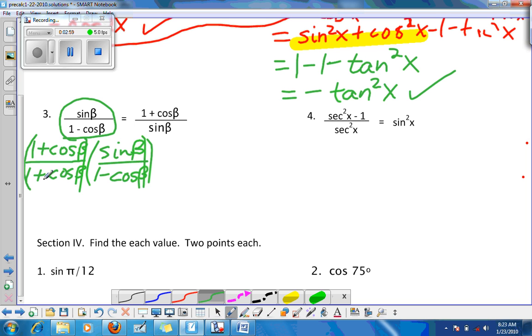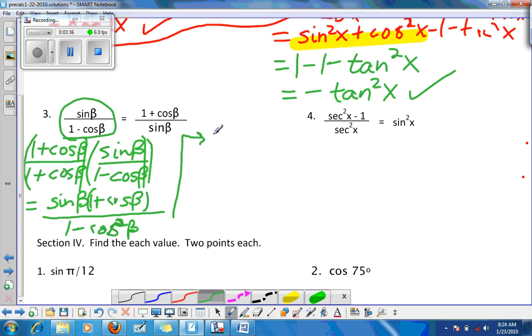Okay, so when I distribute in the numerator, I get the sine of beta, plus, well, actually, we'll leave it as 1 plus cosine of beta. We don't need to distribute, just leave it like that. Divided by, when I FOIL the denominator, that's a difference of squares because I wanted it to be a difference of squares. 1 minus cosine squared of beta. Okay, over here, my numerator, I'm not going to mess with my numerator.